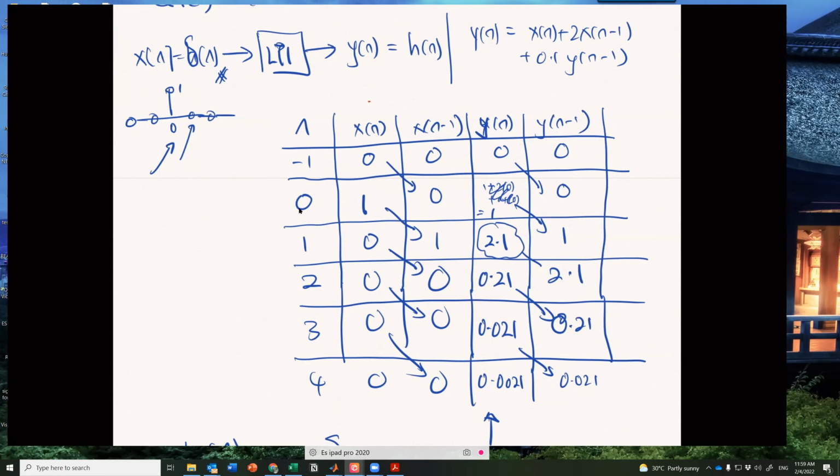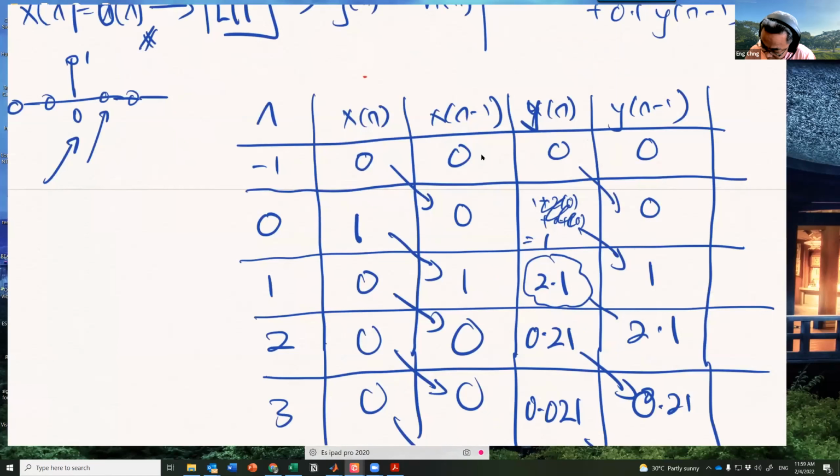Now, from time minus 1 to time 1, what happened? Why do I draw 0 go from here to here? Let us call this value 0a.